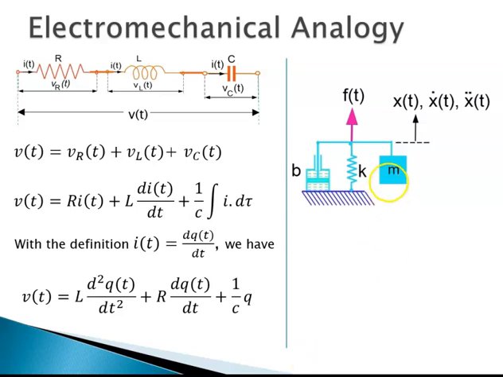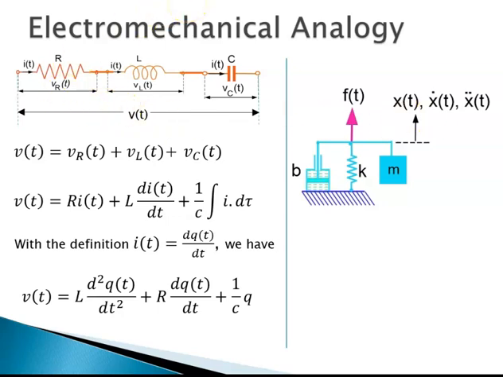For this system, f(t) is the force, which we can consider to be the input, and x is the displacement, which is the output. When we say displacement, we may mean velocity, x dot of t, or acceleration, x double dot of t. In either case, we can see that the elements B, K and M are in parallel.